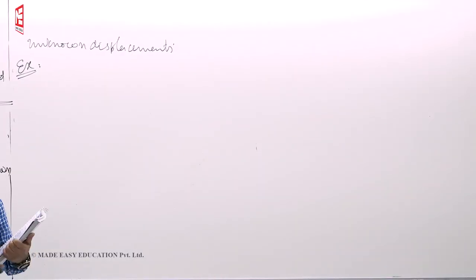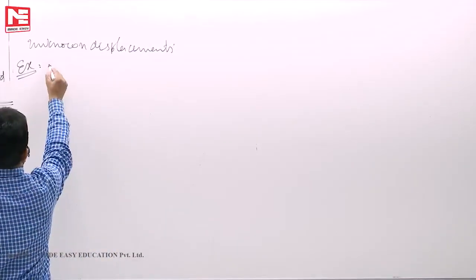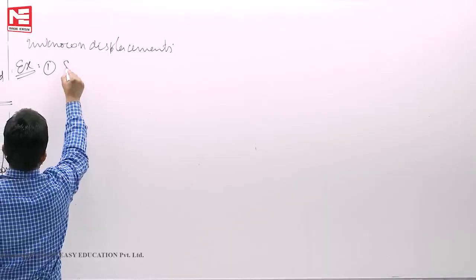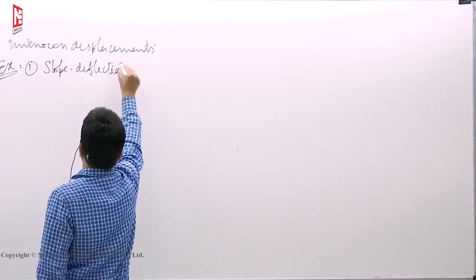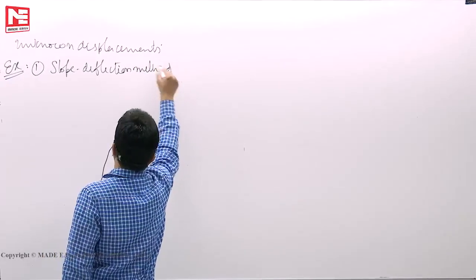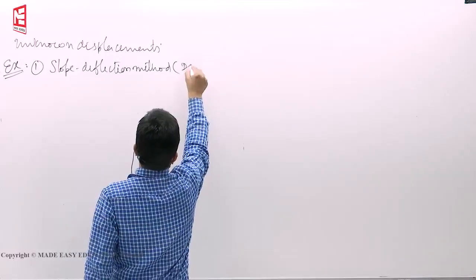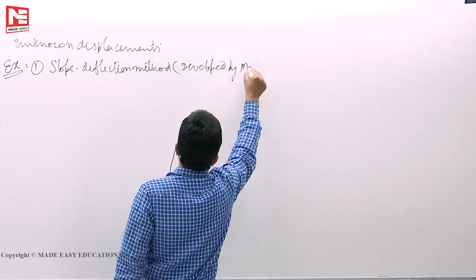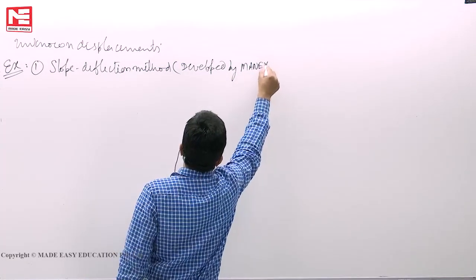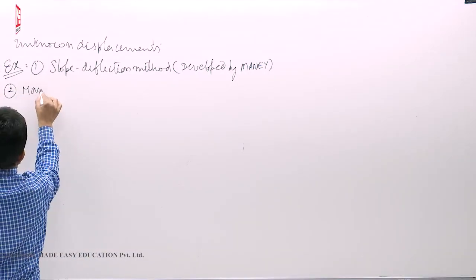Now, examples, without using the energy theorems, this is what we have done. First thing you learned under the stiffness method was the slope deflection method, developed by Maney. Then its iterative version, the moment distribution method, came.